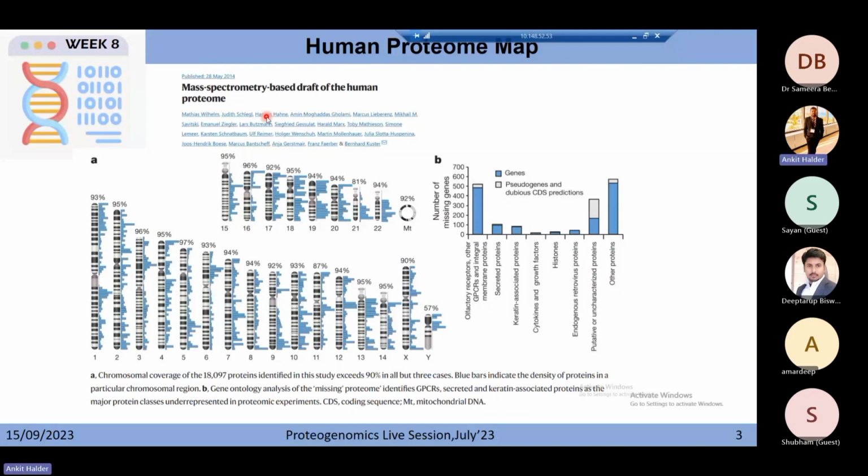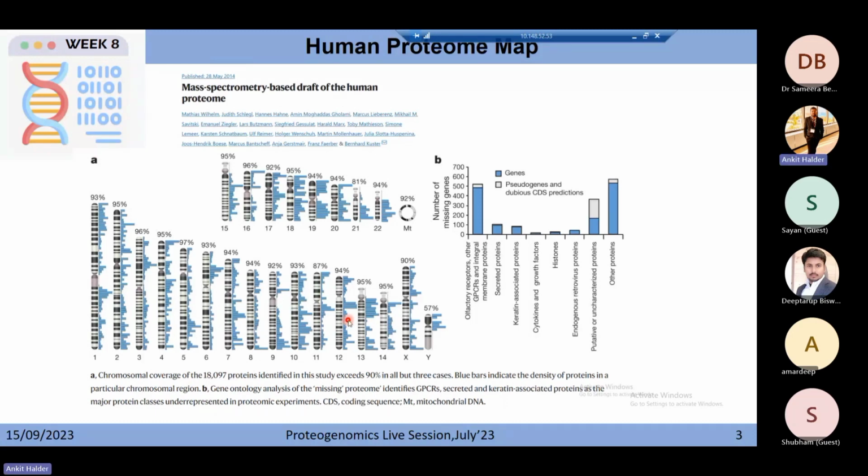Because you have all the gene sequences and the genomic sequences, but now you need to identify what proteins are present at the human level. This was the first time it was done using mass spectrometry.